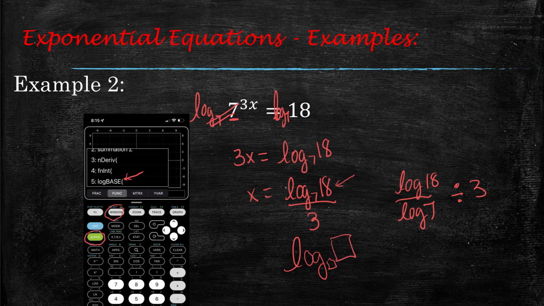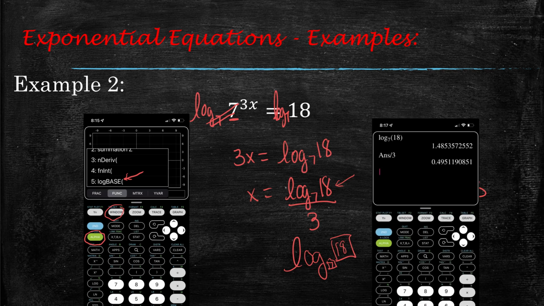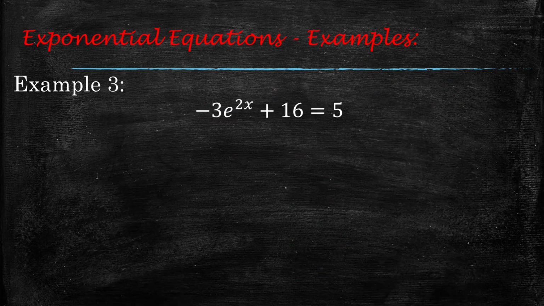So if you'll just enter the 7, and then enter the 18, you'll get 1.48535, and then of course we're going to have to divide that by 3. So your final answer for x is going to be 0.495, and we'll just leave it at that. We'll round it to the nearest thousandth, and that's going to be your x value.